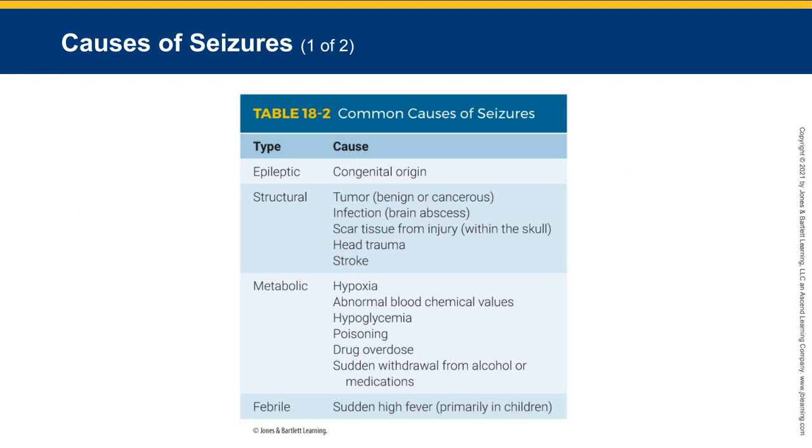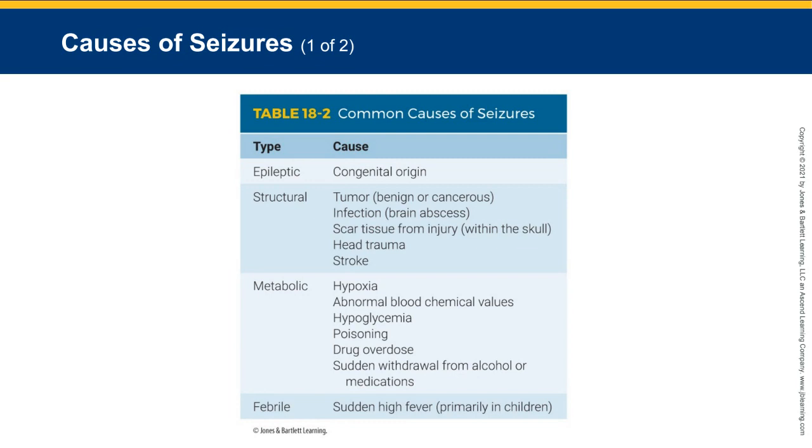Now this table, 18-2, common causes of seizures. It can be epileptic, where they have a seizure disorder, congenital origin. It can be structural issues: tumor, benign or cancerous, infection, brain abscess, scar tissue from injury, head trauma, stroke.